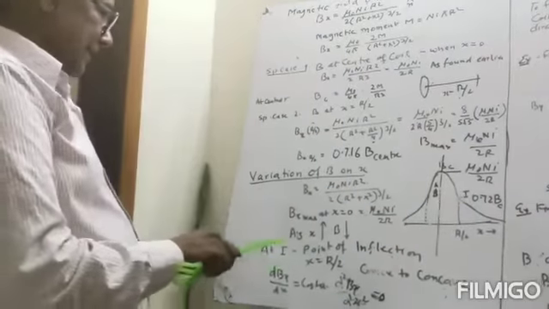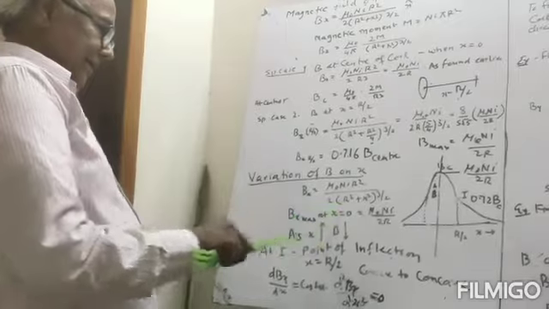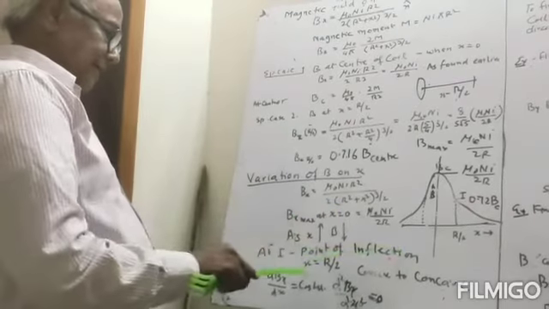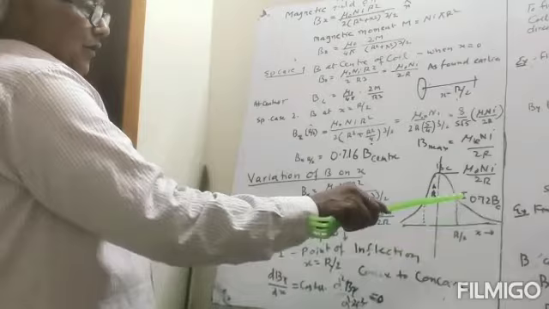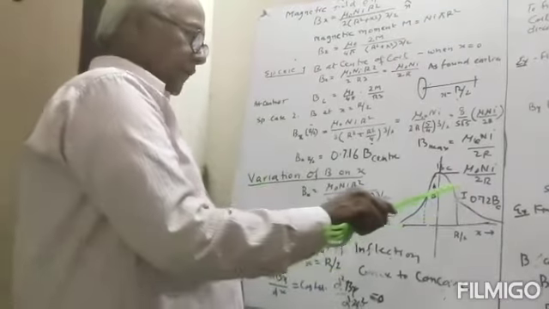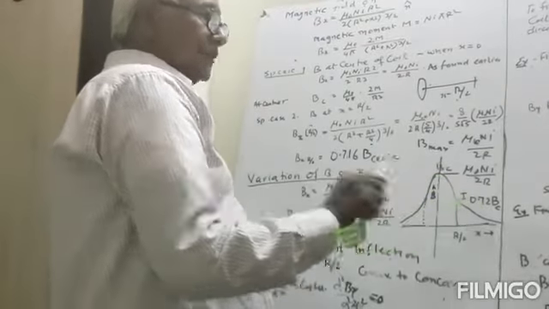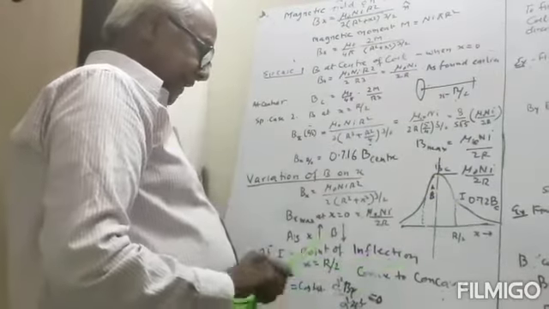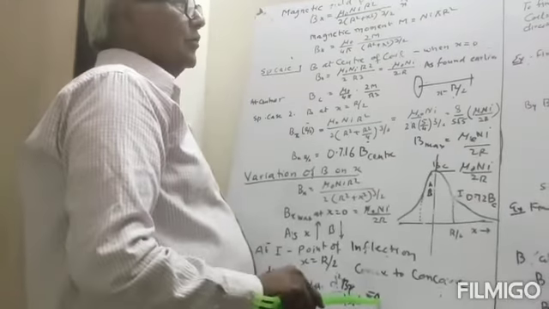At x equal to R/2 it is the point of inflection, where d²B/dx² is equal to 0.